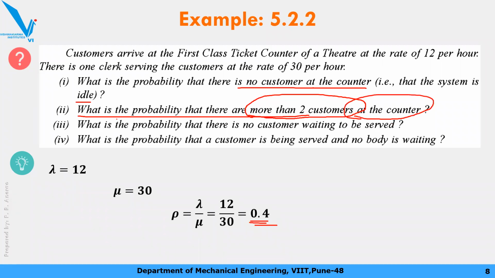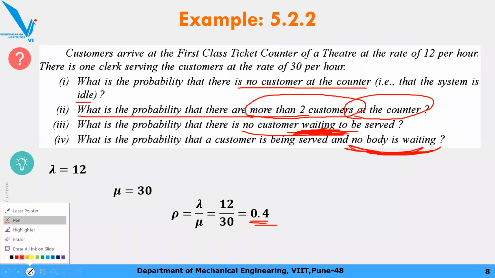Third, what is the probability that there are no customers waiting to be served? Fourth, what is the probability that a customer is being served and nobody is waiting? So one by one we will solve.